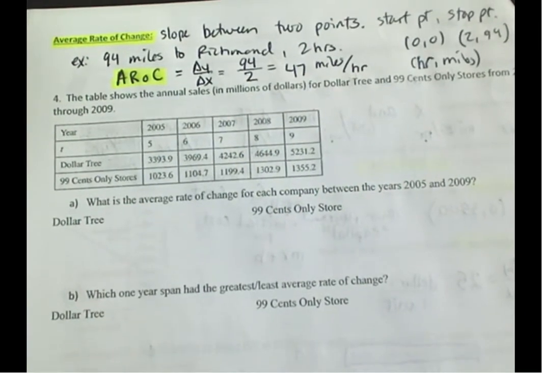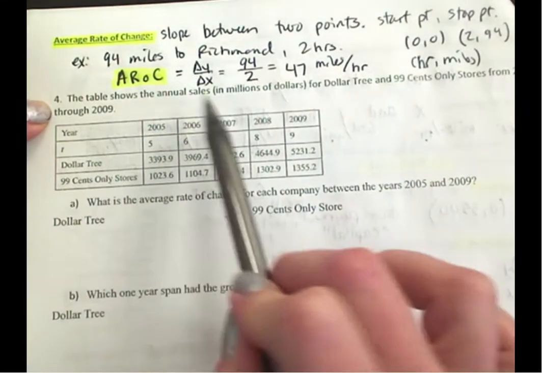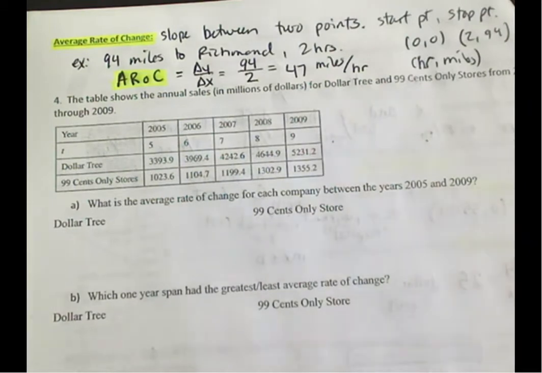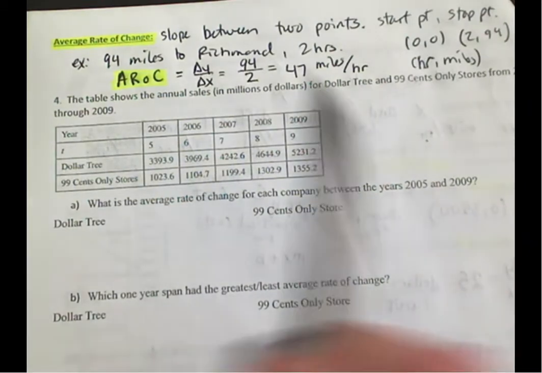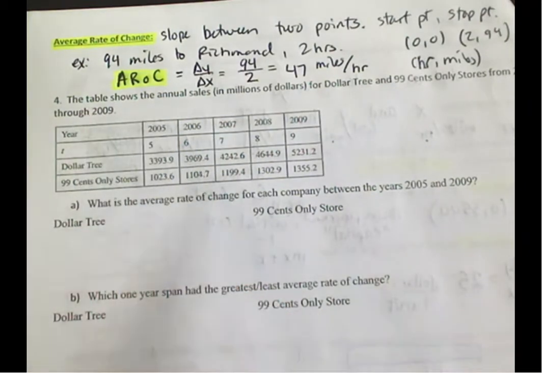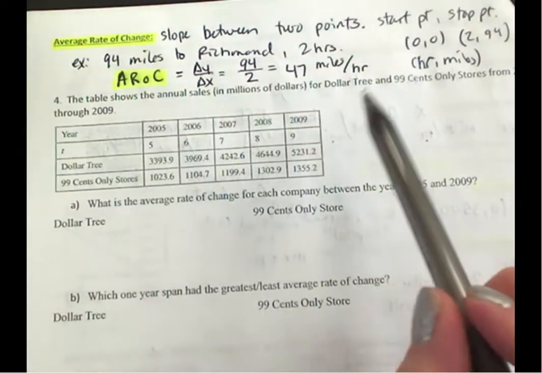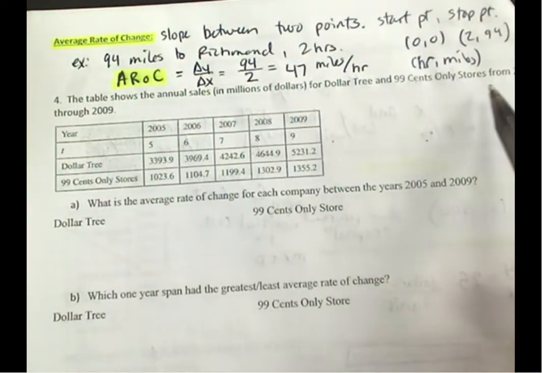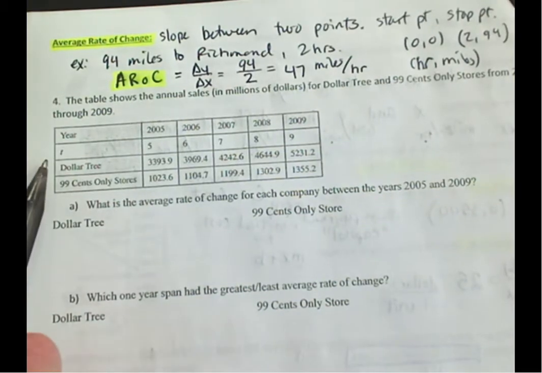Why might you want to know the average rates of change? Okay, so we have annual sales. If you haven't collected data yet, revenue for any company is an easy one to collect. Table shows annual sales in millions of dollars for the Dollar Tree and the 99-cent only store from 2005 through 2009. Notice that they've relabeled the input right here. Look at how the data is labeled. Really easy to read.